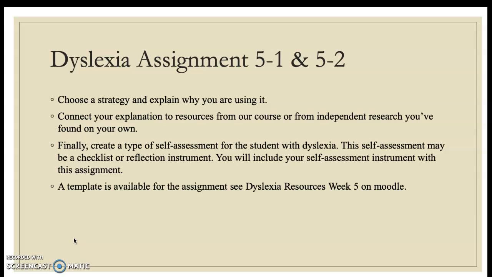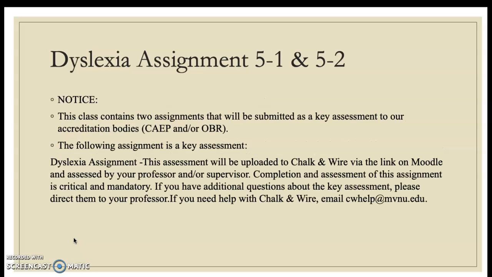There is also a sample completed lesson of this in that folder. As I said, this is for Chalk and Wire and Moodle. This is a key assessment that is submitted to the accreditation bodies for NVNU.